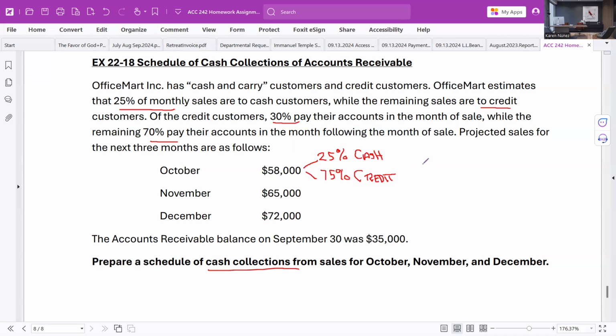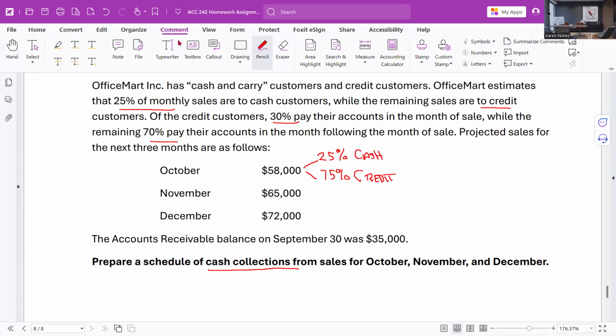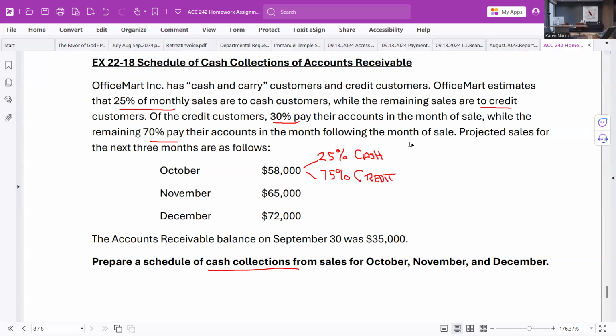So let's see, I'm going to just type a little bit here. So 25% of the 58,000 is 14,500. Those are the cash sales.